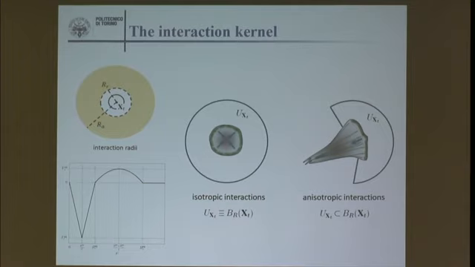One might also have isotropic interaction if the cell senses all around its environment, or anisotropic interaction in which the support of this kernel is just a certain region, for instance, ahead of the cell. So the cell is sensing only what happens in, say, a semicircle, a hemisphere, for instance.